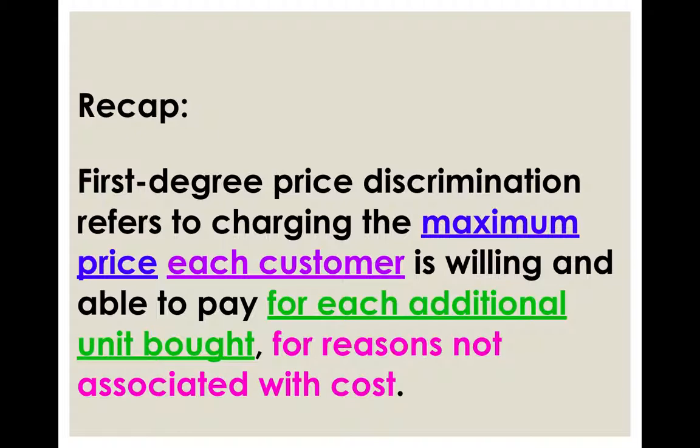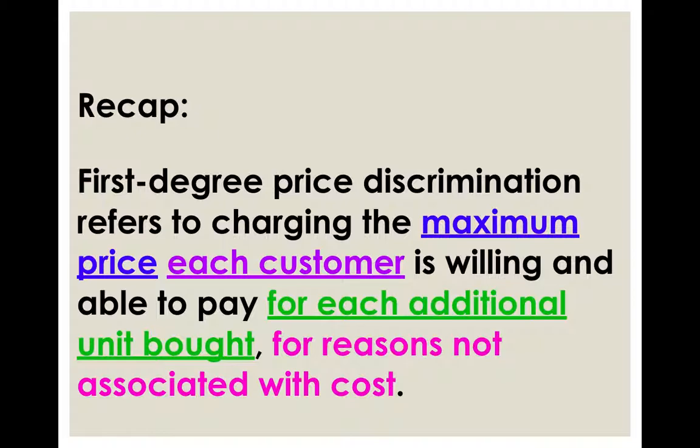In the previous episode, we looked at movie tickets, whereby prices paid by adults versus students are vastly different. But in first degree price discrimination, the firm is discriminating between every single person. Every single person is being charged a different price, and this price is actually the maximum price that person is willing and able to pay.